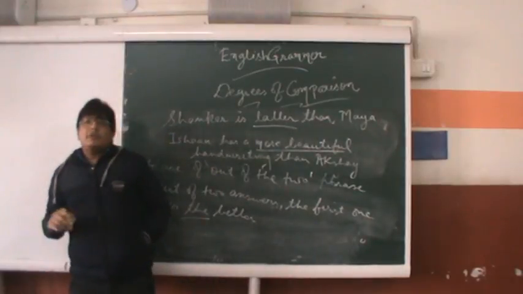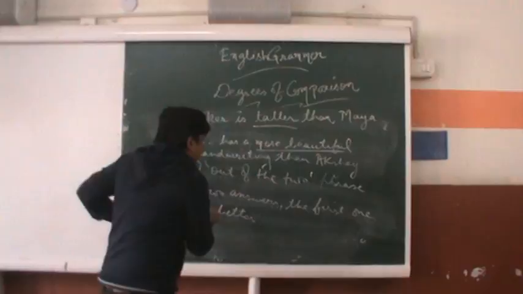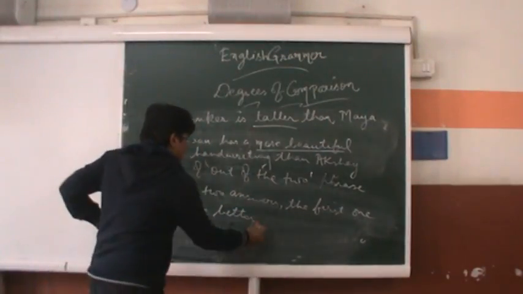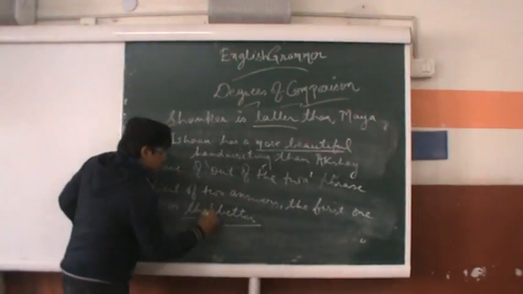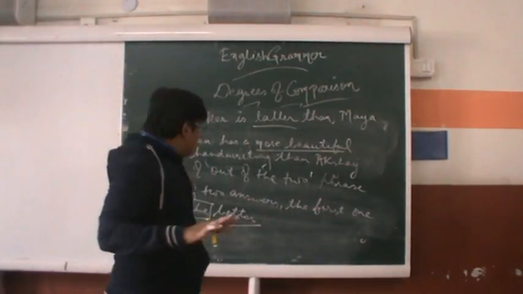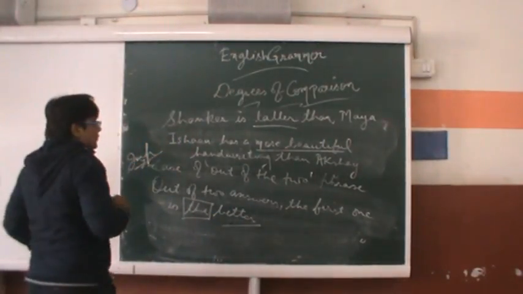Is it clear? So now we do not have than here, but still we are using the comparative degree. Okay. And yes, of course, we have the article the before it. So this is quite important.